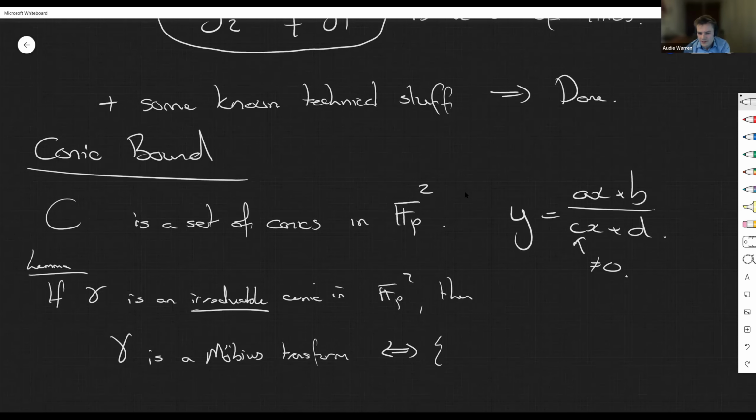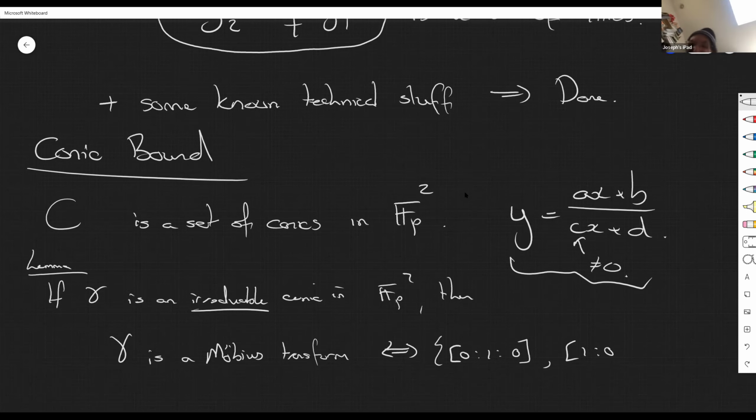Now, by saying that they have a vertical and a horizontal asymptote, what I really mean is that the curve contains 2 specific points on the line at infinity. In particular, 0, 1, 0. So which one's this? Okay, so this would be the vertical point at infinity, and this would be the horizontal point at infinity.